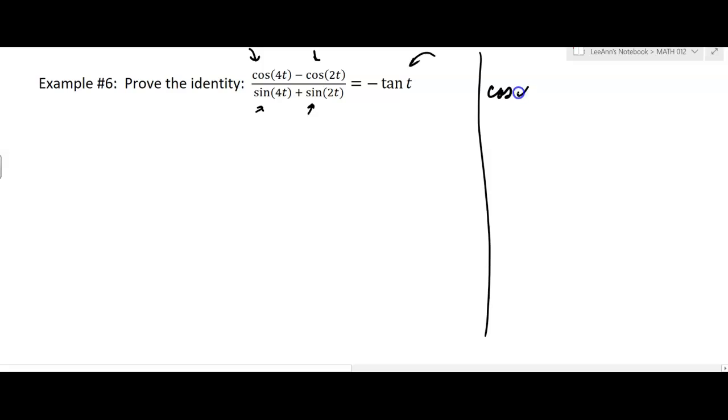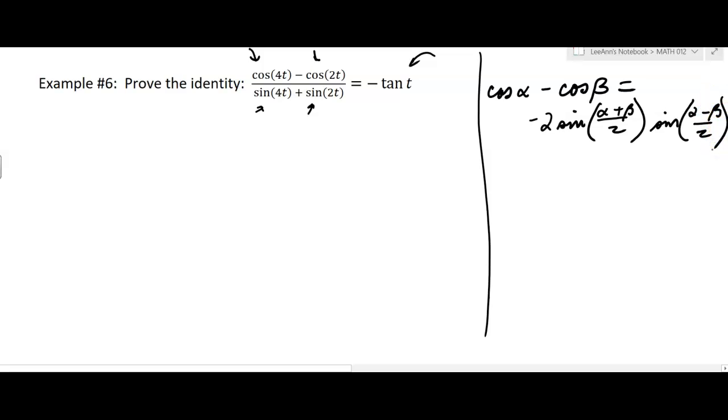Cosine alpha minus cosine beta equals, oh, that's the one we just used, minus 2 sine alpha plus beta over 2, and then it was sine alpha minus beta over 2. And then we're going to need the sine plus sine formula.